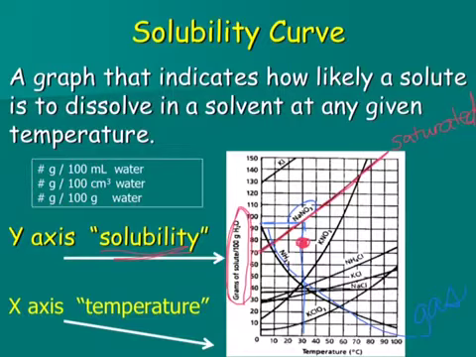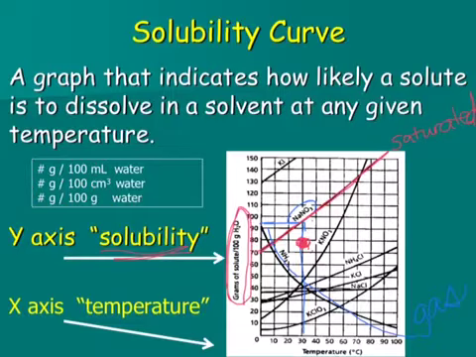Well, let's think about it. I've only got 80 in there. I can dissolve 94, but I've only currently got 80 grams in. So because I can still dissolve more, we are going to call that solution unsaturated. So if it's under the line, pretty easy to remember, unsaturated. On the line is saturated.